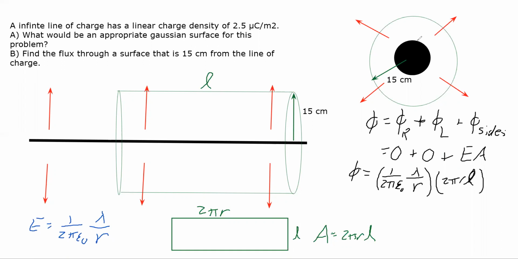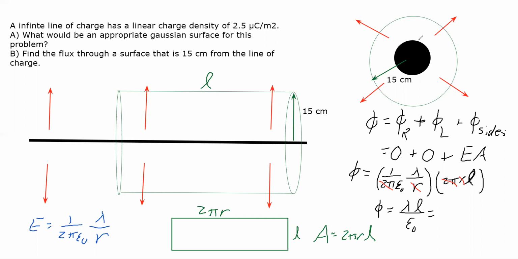Okay, so a couple of things cancel here. The 2 pi's cancel out, and the r's cancel, and we're left with flux equals lambda L over epsilon 0.